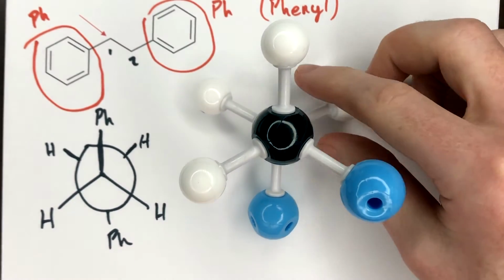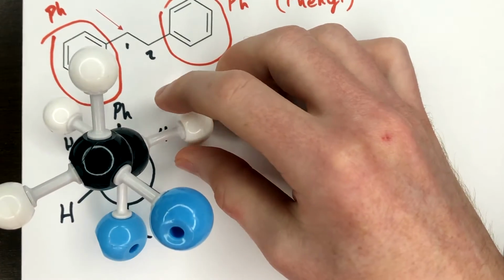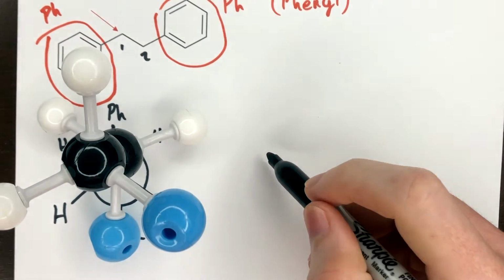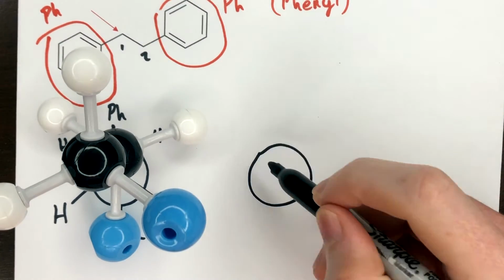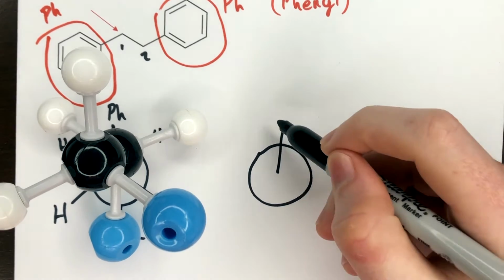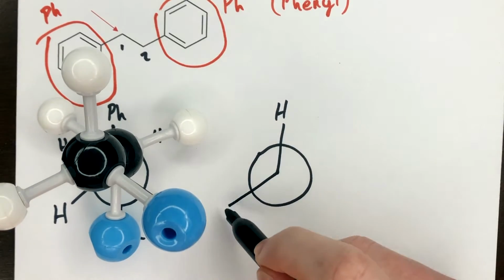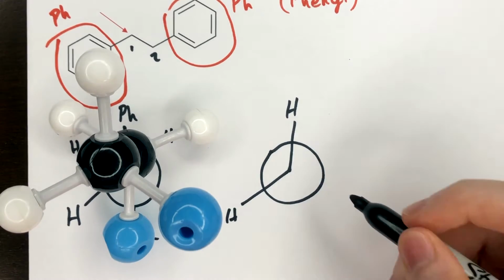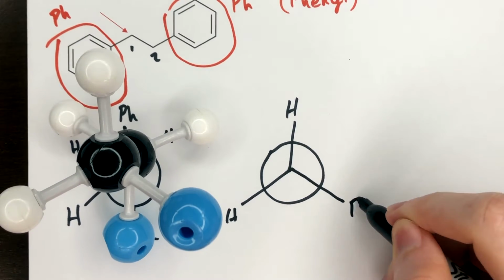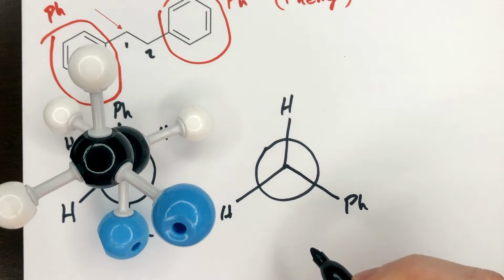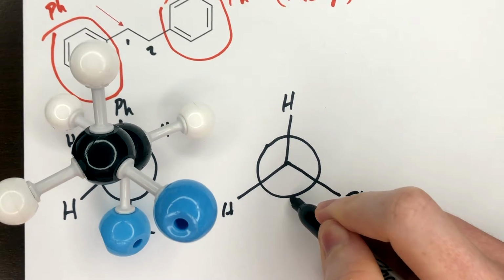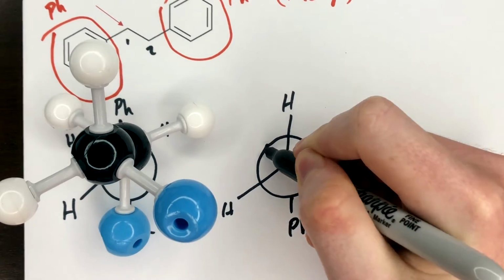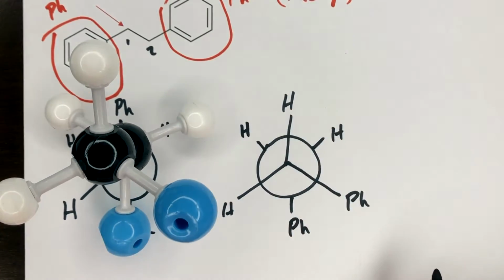Okay, so now I'll cover up our previous Newman and draw this new one here, which now has the hydrogen that's up, the hydrogen that's left and down, that's this one over here, and then a phenyl right and down. And then our back carbon stayed exactly the same.